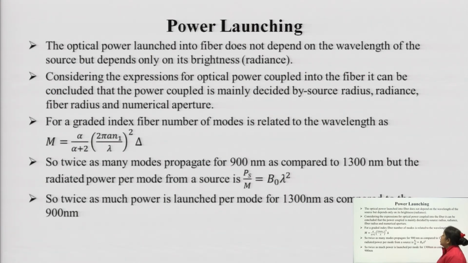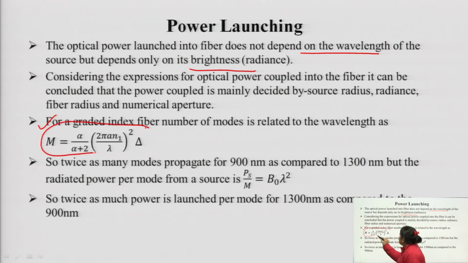Now, power launching. The power launched into the fiber does not depend upon the wavelength, but depends upon the brightness. For a gradient index fiber, the number of modes is related to wavelength by this equation, the number of modes that can be propagated inside the gradient index fiber.